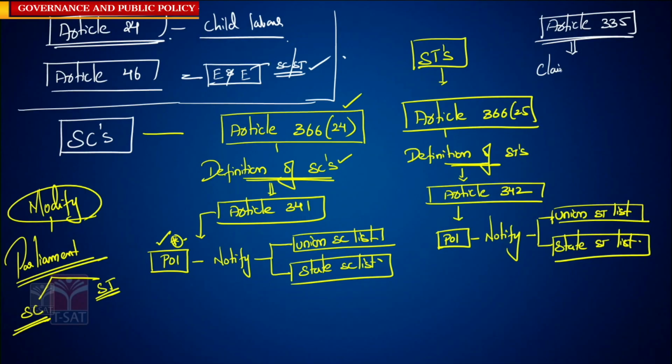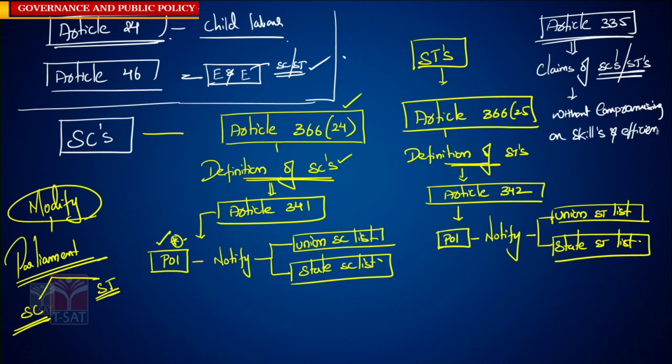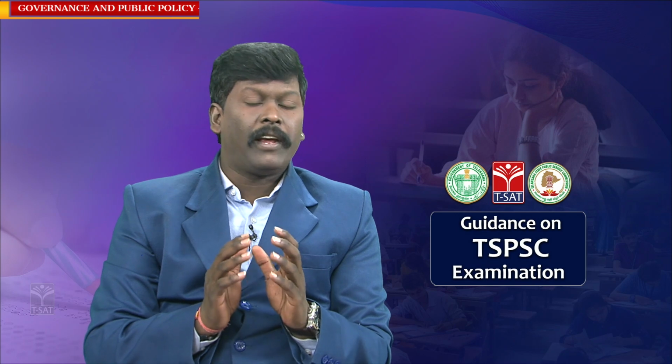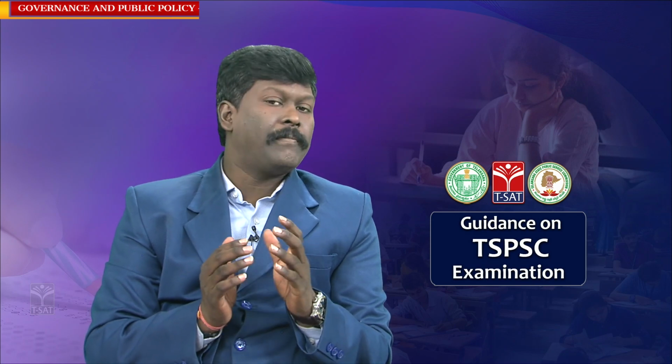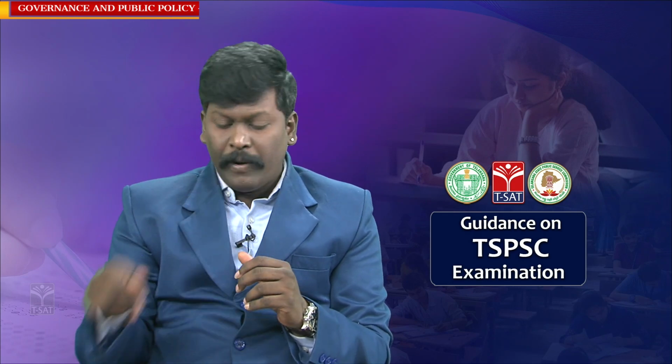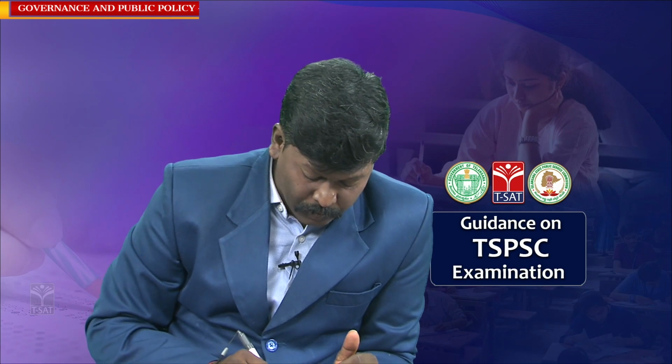Article 335 talks about the claims of SCs and STs without compromising on skills and efficiencies. So, Article 335 says SC/ST claims in public employments and public appointments shall be met, but should not compromise the skills and efficiencies. Let me pen down all the articles for you for your understanding.